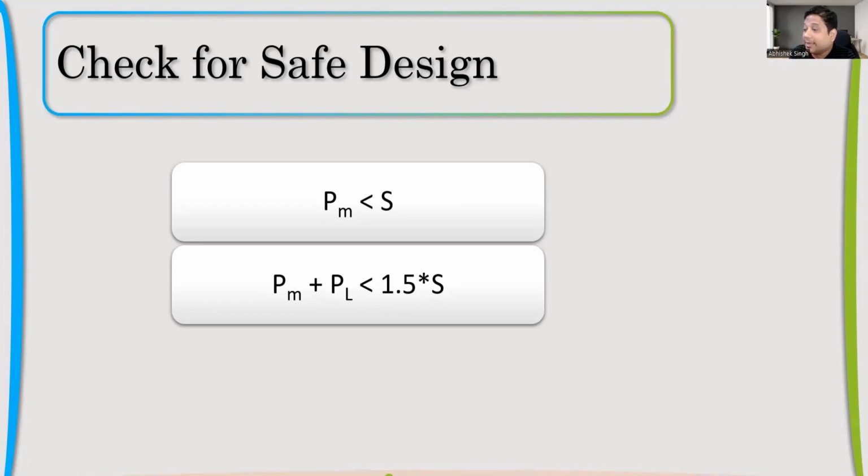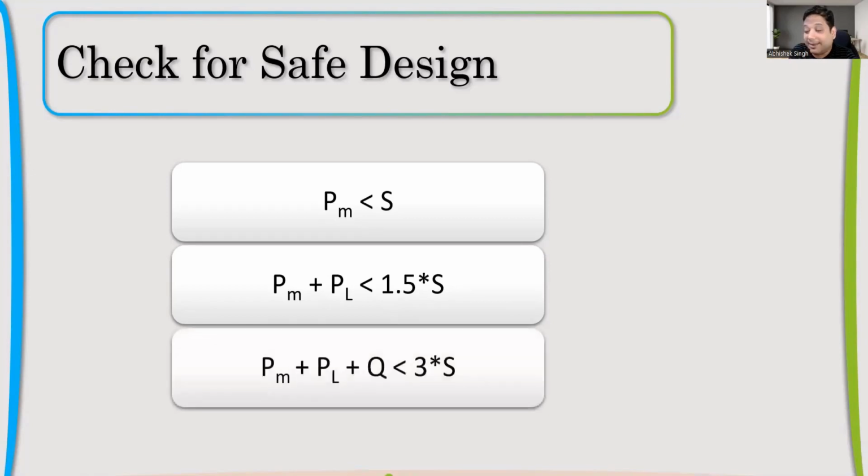It will not result into the failure of the component. Now the third part will be very interesting for you. PM plus PL plus Q. The secondary is also coming into picture. You can allow up to 3S, twice more than yield. Why? Q, if you remember, Q is positive and negative.